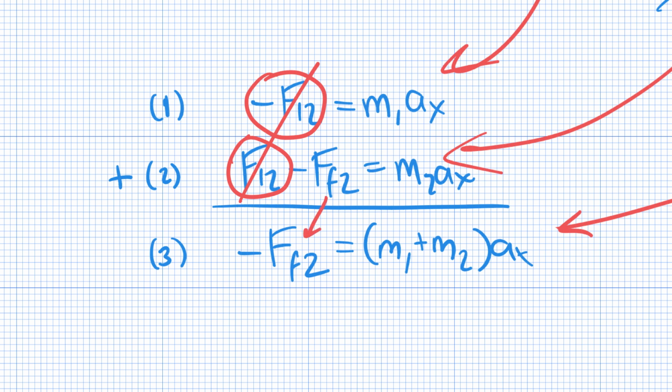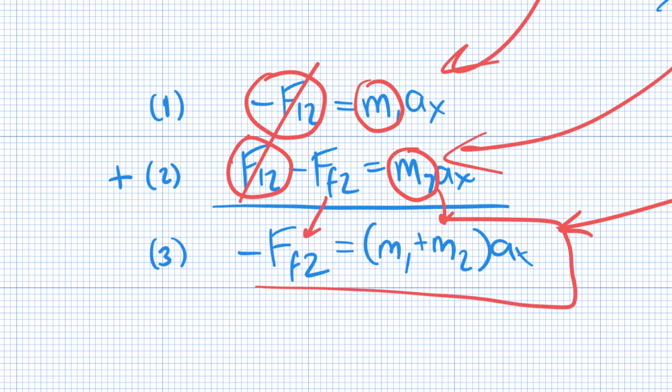And then on the right-hand side, I got m1 times ax, and I got m2 times ax. So if I add those up, I get m1 plus m2 times a sub x. So in other words, this third equation, which came from the free body diagram of both of them together, is a linear combination of the other two. So it is not an independent equation, which means, basically, it doesn't have any new information for us.